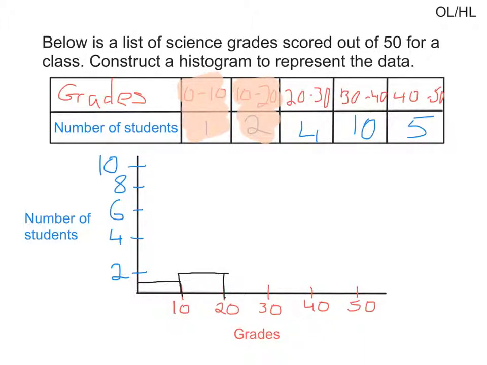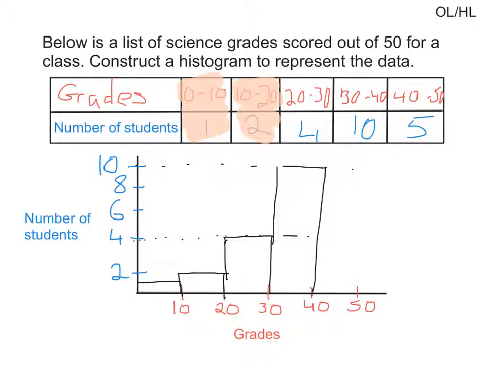Our next interval is 20 to 30 and this has a height of 4. So we need to draw a rectangle so it hits the frequency of 4. The next one is the 30 to 40 interval and this has a frequency of 10. So we draw a rectangle so that it hits 10.